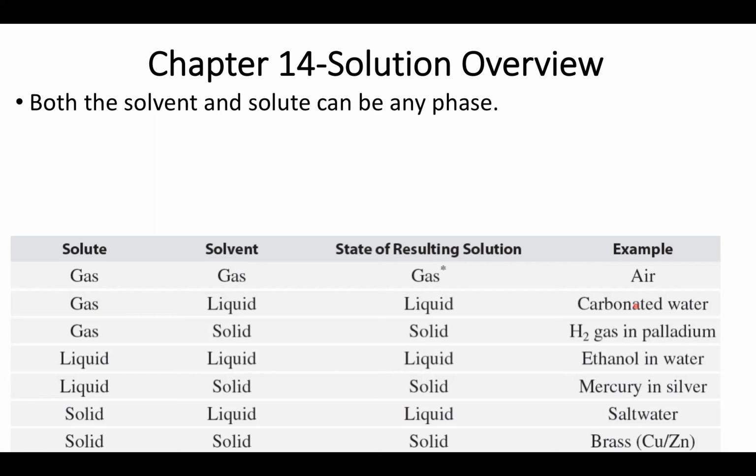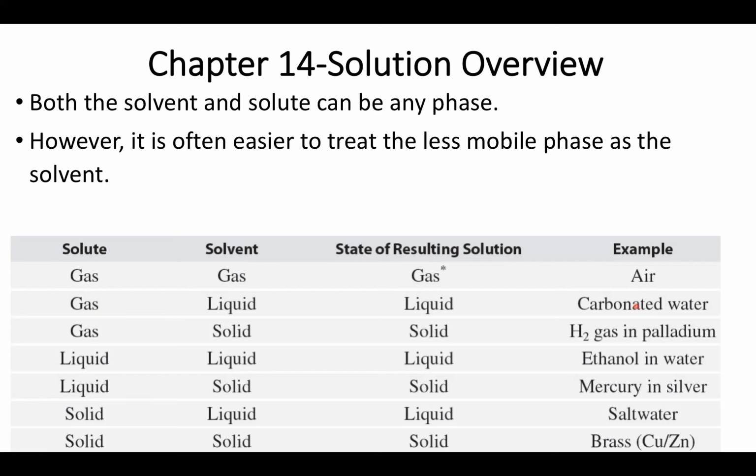However, one of the other things that's important to note is generally we're going to tend to treat the less mobile phase as the solvent. So a great example is when we're dissolving a solid in a liquid, where I'm going to have individual solid particles moving around in a relatively stationary solvent.